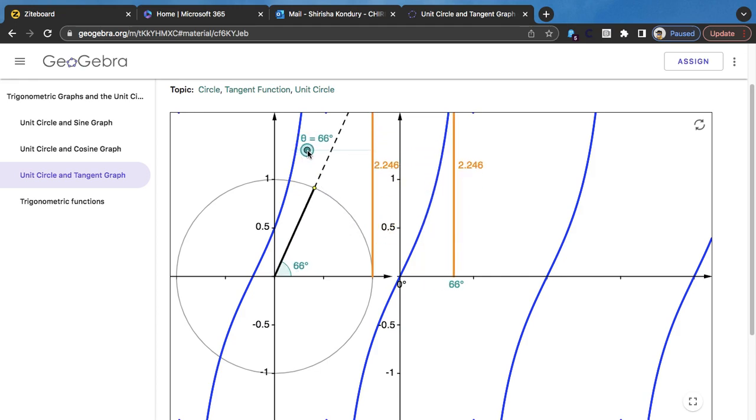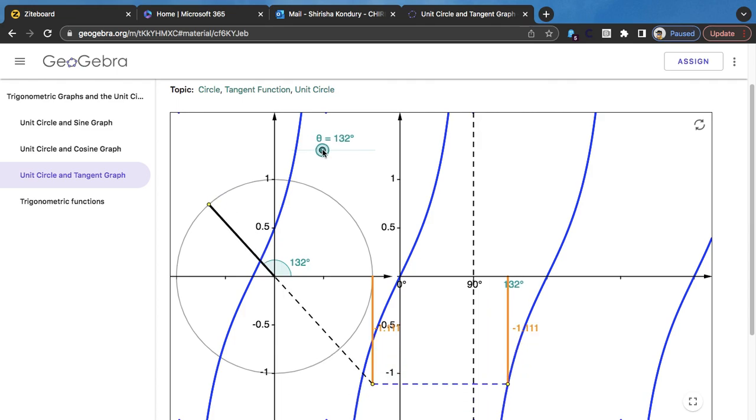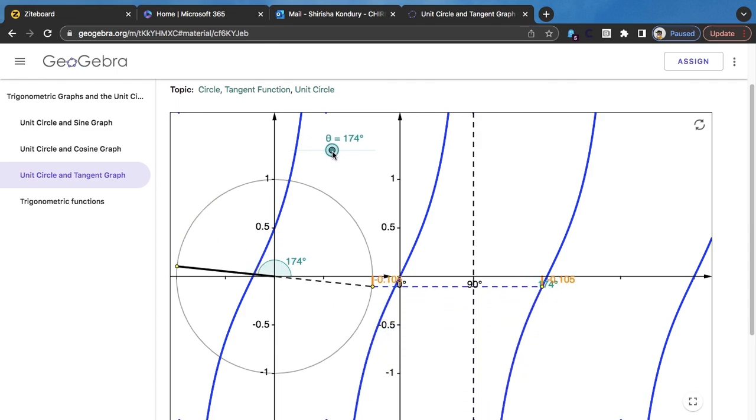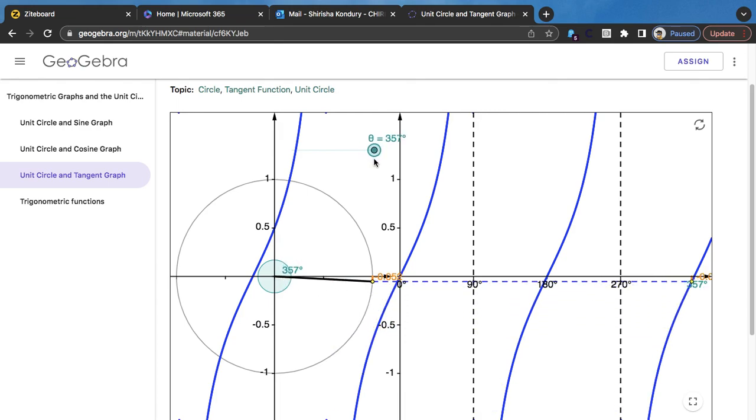So tan goes on increasing. At 90, what happens? Well, there is an asymptote because denominator is becoming 0. So undefined. Again after 90, I get it back. At 180, numerator is becoming 0, so 0. Again at 270, I'll have an asymptote. Again in the fourth quadrant, I come back and so on.